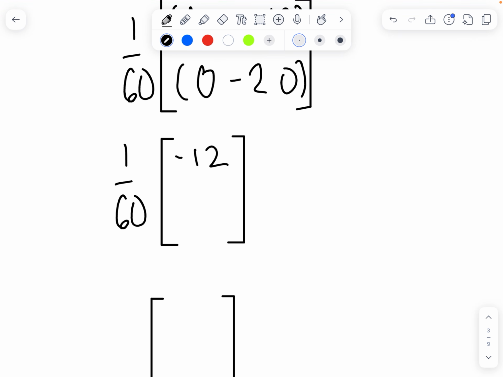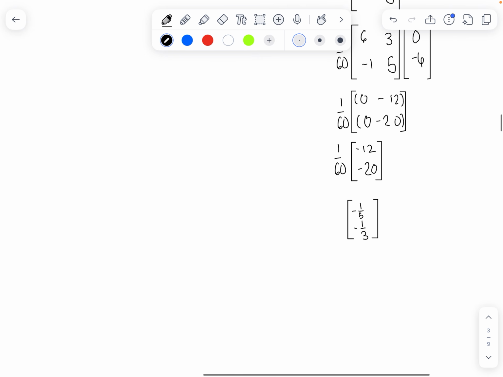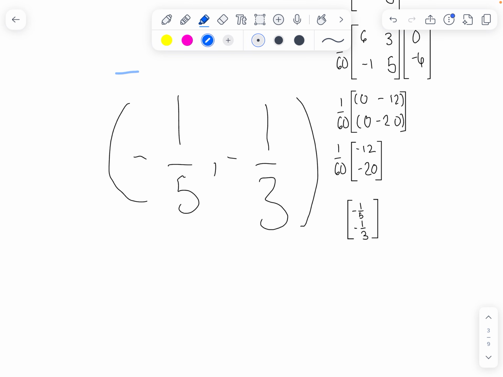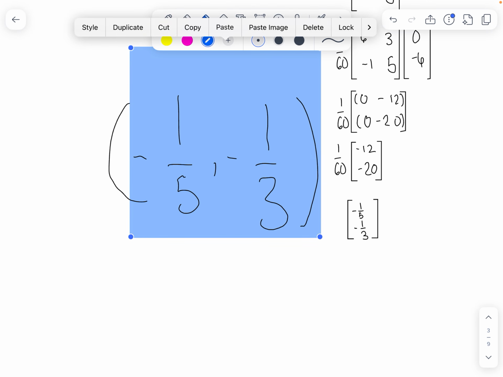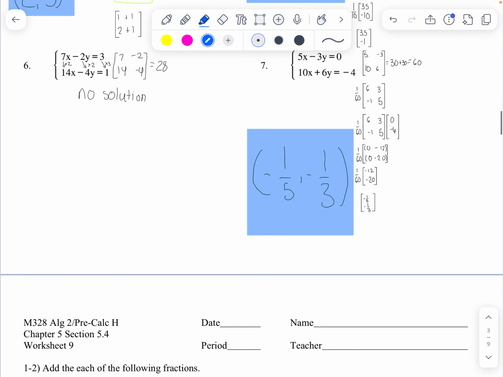And this is obviously -12 and -20. So you're left with -1 over 5, or -1 over 3. So our answer is -1 over 5 and -1 over 3. And that is our second question.